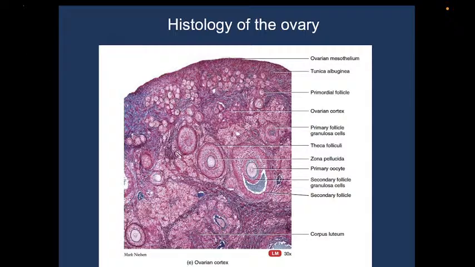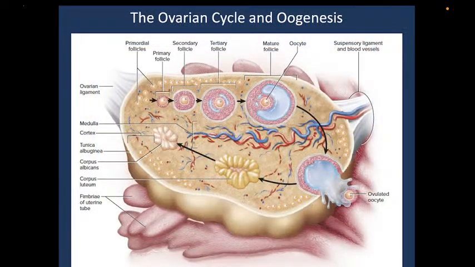The next figure shows the typical ovarian cycle and the process of oogenesis. It is a very important process. So you see here in the cortex primordial follicles, about 20,000 such cells.